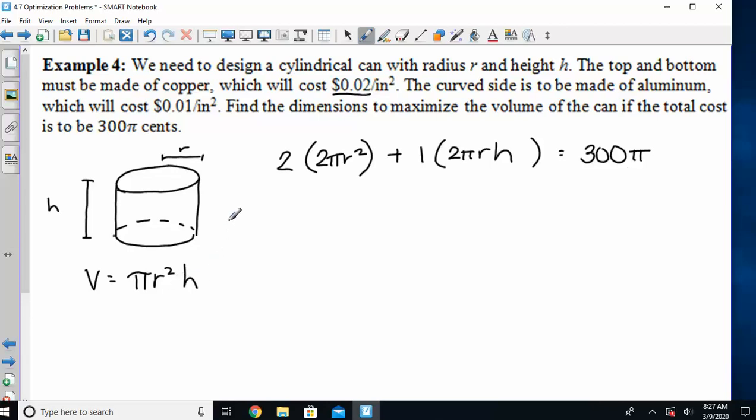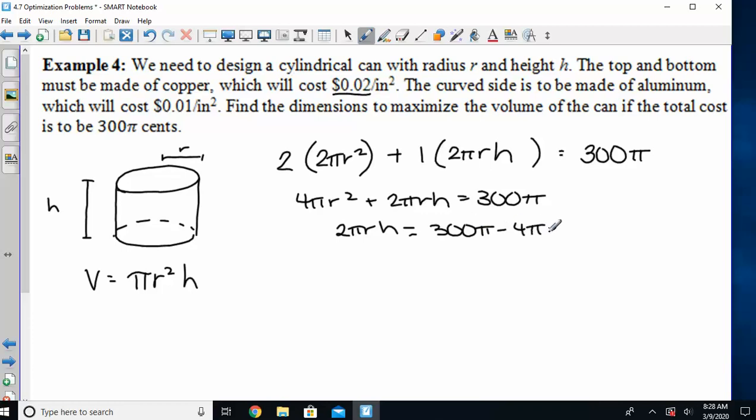So we can solve this for either r or h. Which one would be easier? Probably h. Okay, so 4 pi r squared plus 2 pi r h equals 300 pi. So I'll subtract over my 4 pi r squared.